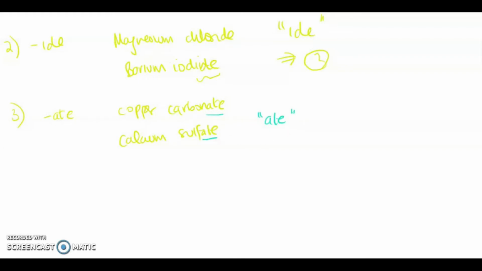So what does this mean? It means that your compound contains oxygen. So compounds containing oxygen will be named such that they end with this characteristic "ate" term, right? So you have calcium sulfate or copper carbonate, sodium bicarbonate. All these compounds, they contain oxygen. So they are named as such.